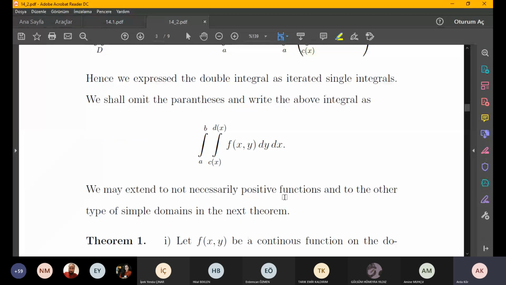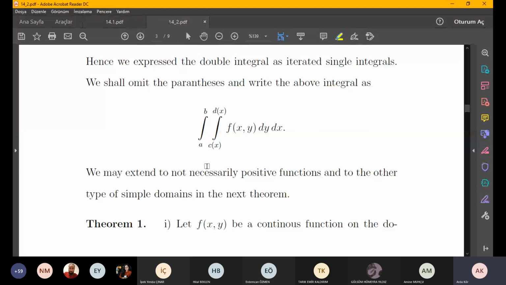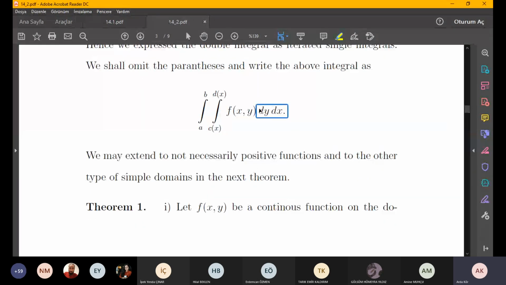The important thing here is that the order of dy and dx is, of course, important.